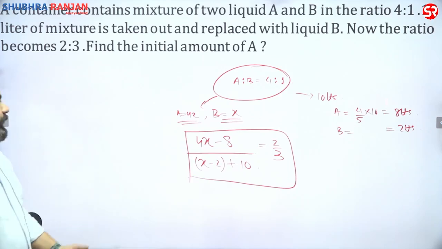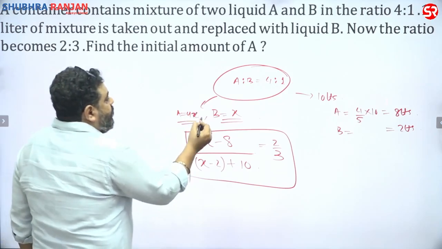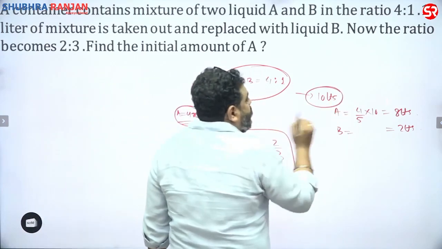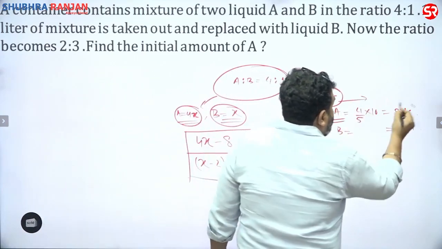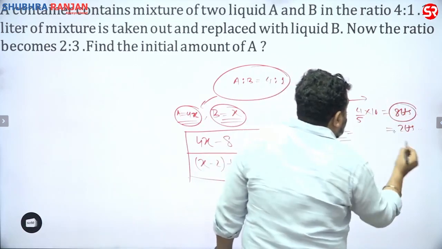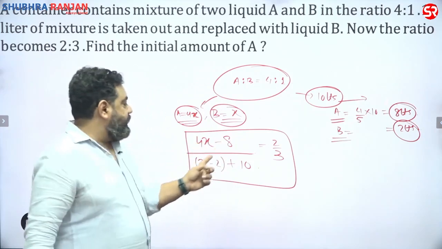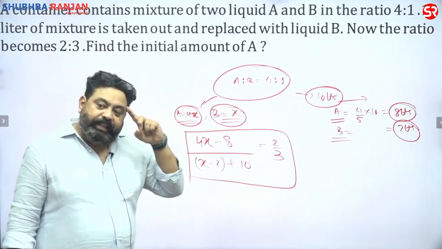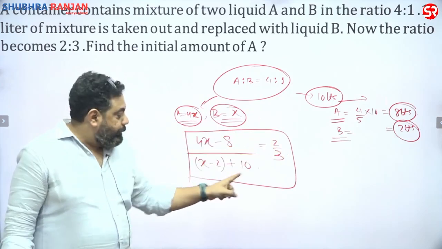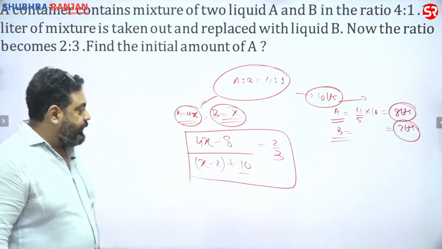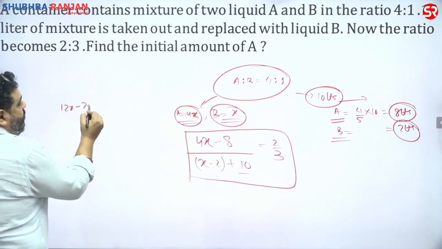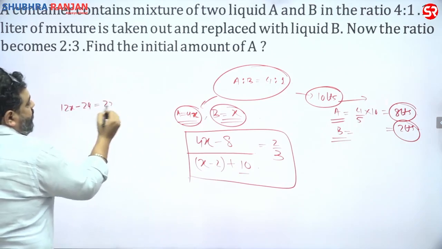So I say let the initial amount of A is 4x, B is x. If 10 liters of liquid has gone out, how much A has gone out? 8 liters. How much B has gone out? 2 liters. So 4x minus 8 upon x minus 2, and it was replaced. That 10 liters was replaced by B, plus 10 is equal to 2 by 3. So your answer comes out to be 12x minus 24 is equal to 2x.